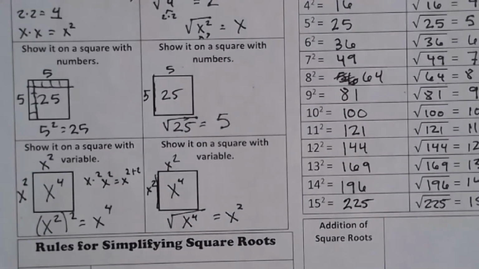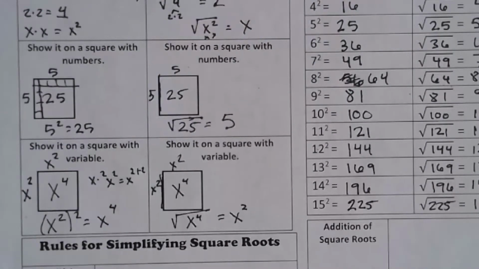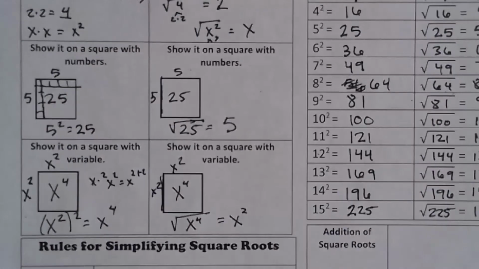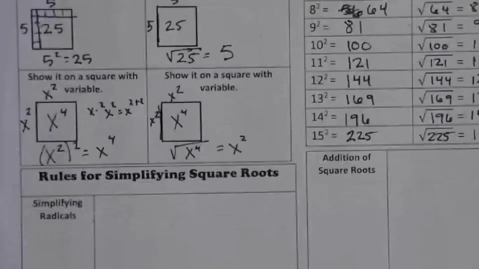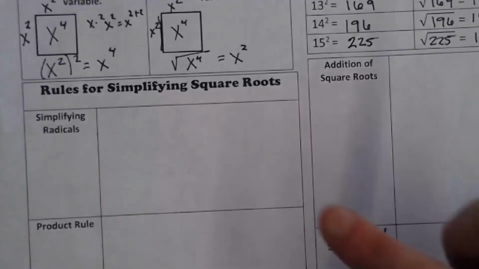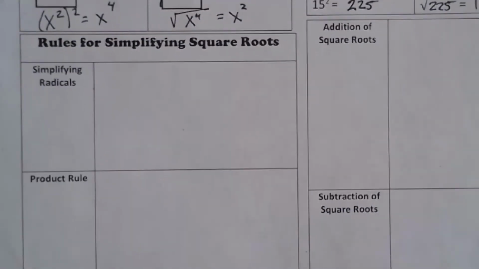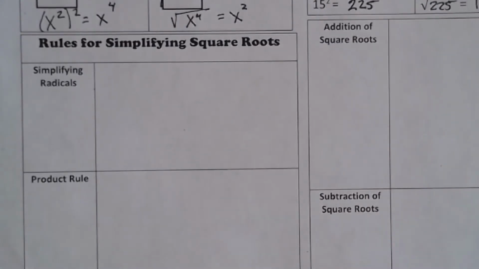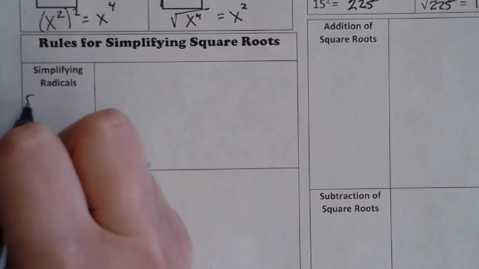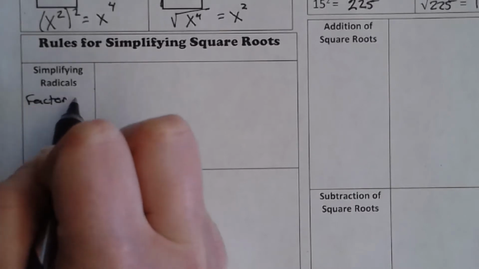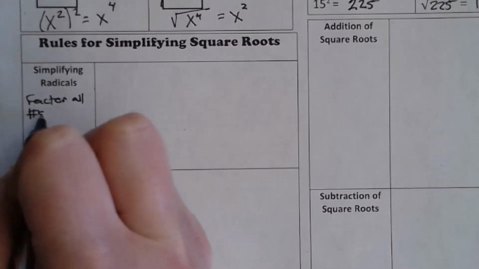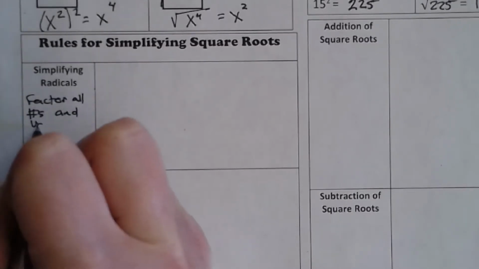Okay? We're going to take this nice and slow. They can be kind of confusing to start with, but we will be able to get it. So what we're going to do is just look at some basic rules for simplifying, and we're only going to be filling in these first 2 boxes today. Okay? So simplifying radicals. What we want to do is factor all numbers and variables.